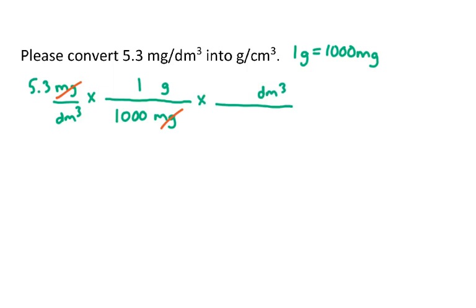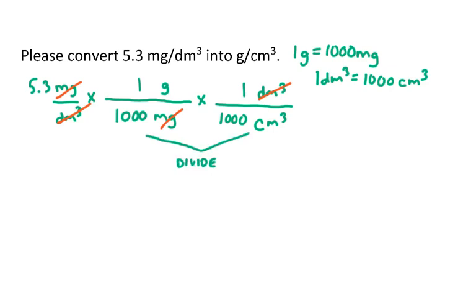Now to get rid of decimeters cubed in the denominator, I need to put it in the numerator of my next conversion factor. This is so that decimeters cubed crosses out. Since I want to convert into centimeters cubed, that goes in the denominator. 1 decimeter cubed is equal to 1,000 centimeters cubed. 1 will go next to decimeter cubed, and 1,000 will go next to centimeters cubed.